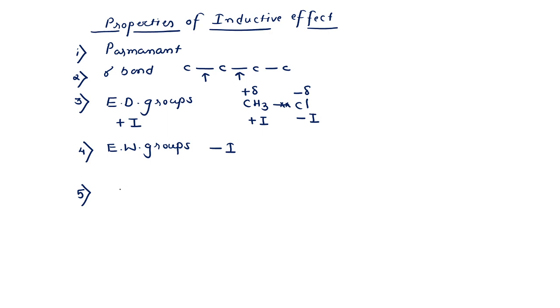Next most important thing, we'll see the inductive effect in charged and uncharged molecules. Just see, I have written two molecules. Here also I am going to write one molecule.